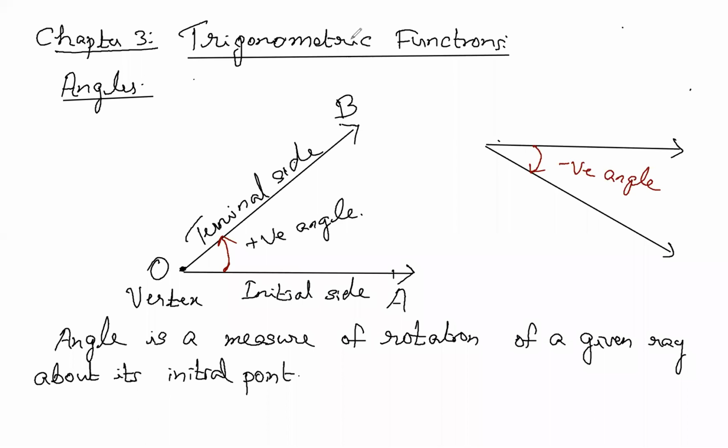Here, this side, if I mark like this is P, and then Q is the vertex, and R, this PQR is a negative angle. So this PQ is the initial side, and this QR is the terminal side.